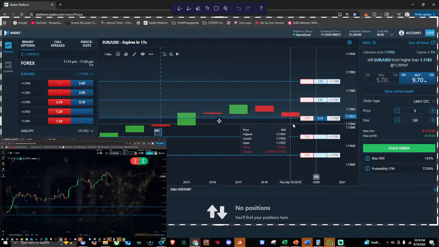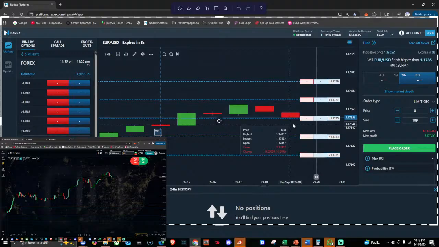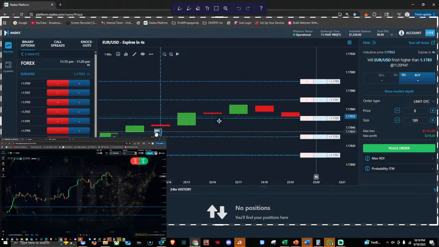So that tells us that the market is not in sync yet. Now in terms of the movement itself, so far it's move and hold.